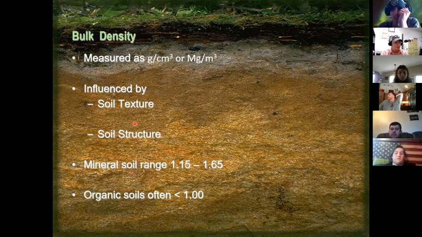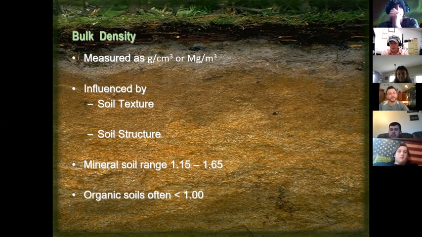So we're talking about bulk density. Soil structure is important too, right? If we have a platy structure versus a granular. Joe, which one of those do you think has a higher bulk density, a platy structure or a granular structure? Granular. Anyone want to try again? A platy.